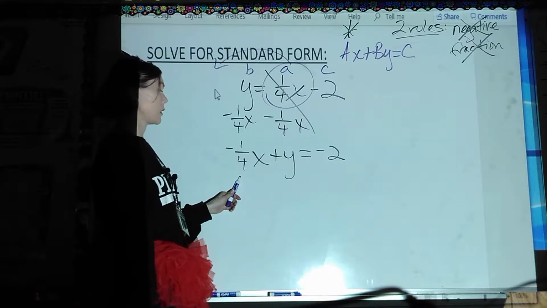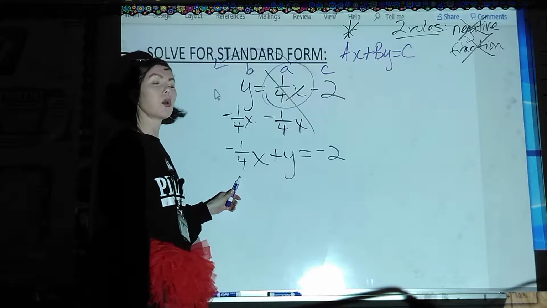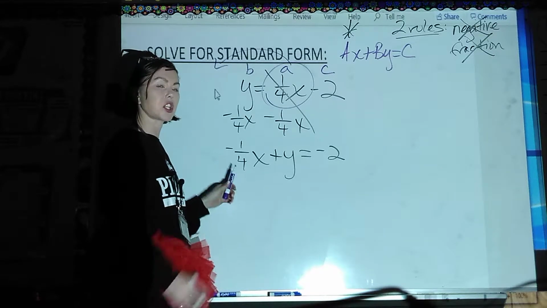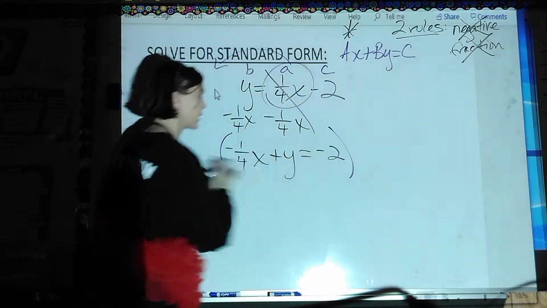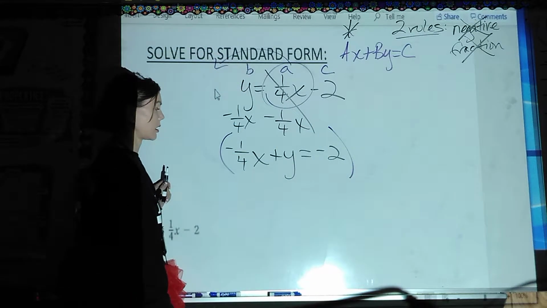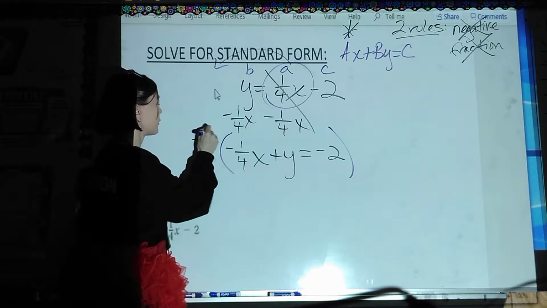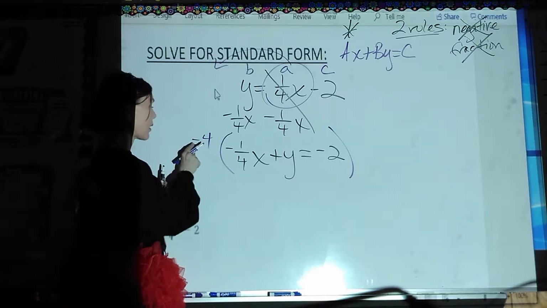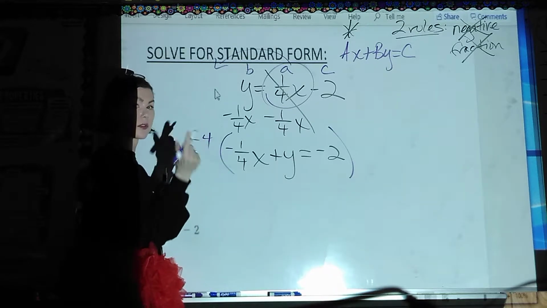Now, what do we see here? Can we have a negative? No. Can we have a fraction? No. How are we going to get rid of this negative fraction? Very simple. We're going to multiply the entire expression by what is in the denominator, negative 4. You have to multiply by the negative to get rid of the negative, because a negative times a negative gives you a positive.